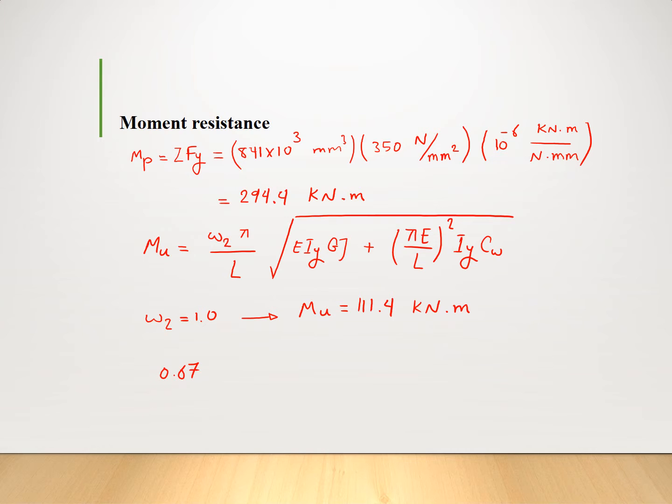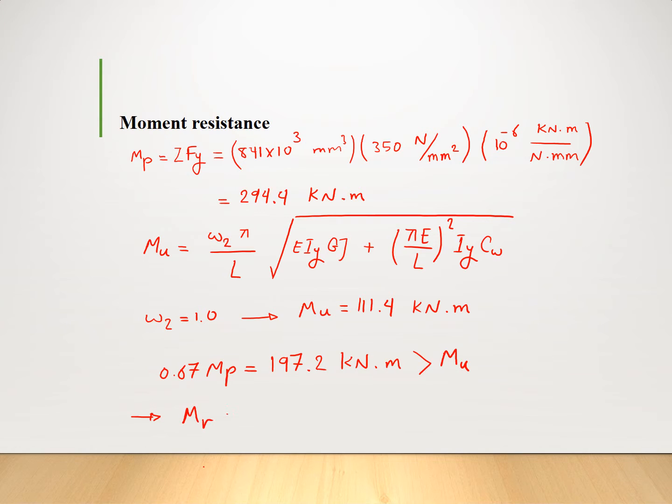Now if we want to compare Mu to 0.67 times plastic moment, 0.67 times plastic moment will be 197.2 kilonewton times meter. It is bigger than Mu, so we can say Mu is lower than two thirds of the plastic moment.